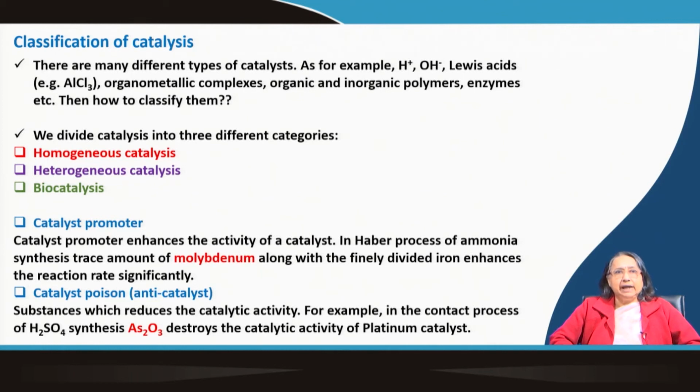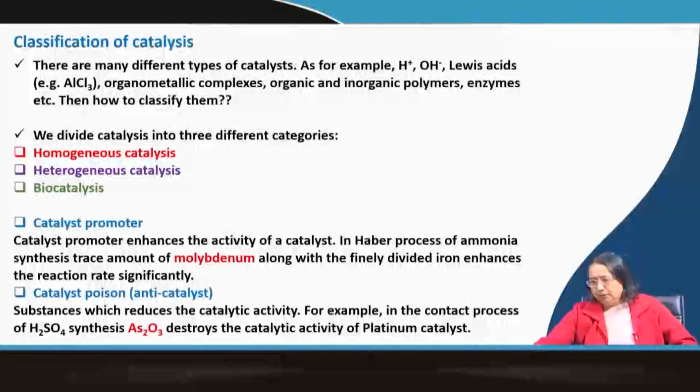There, platinum is used as the catalyst, but if there is a trace amount of arsenious oxide, then it can destroy the catalytic activity of the platinum. So, this is a poison. It is poisoning the catalytic activity, it is poisoning the catalyst. So, this is the catalyst poison.